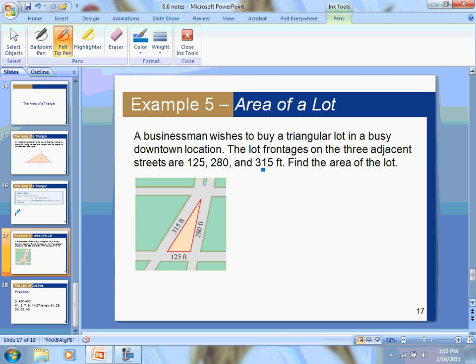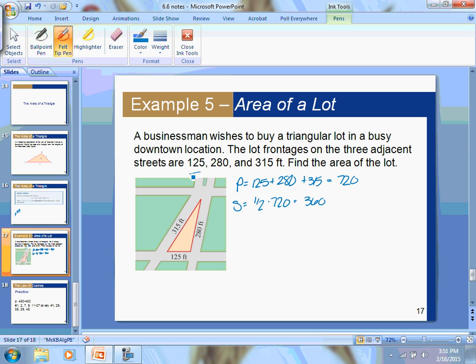So first we need to find our perimeter. We're going to add up 125 and 280 and 315, and that should give us 720. And then we need our semi-perimeter, so we need half of the 720, so that's 360. Now I'm basically just going to plug all that into my formula.